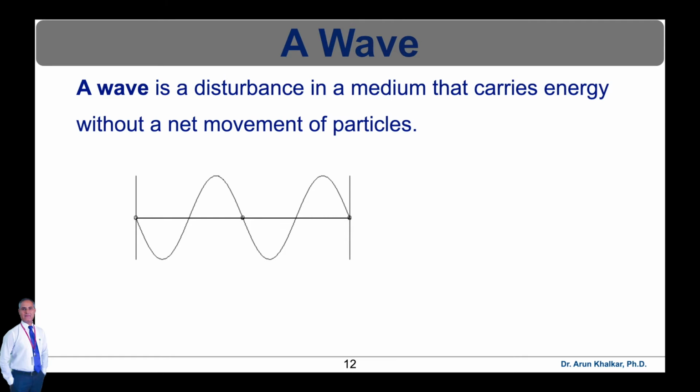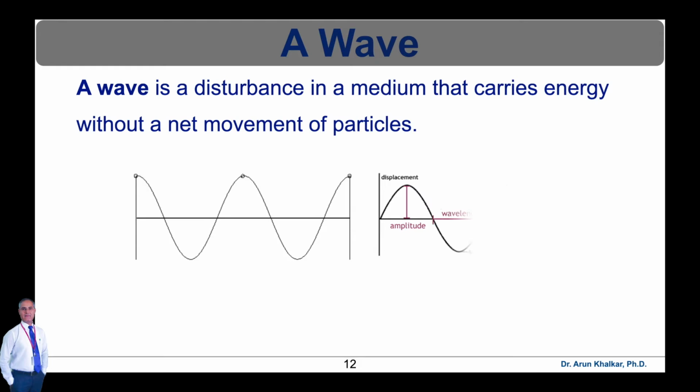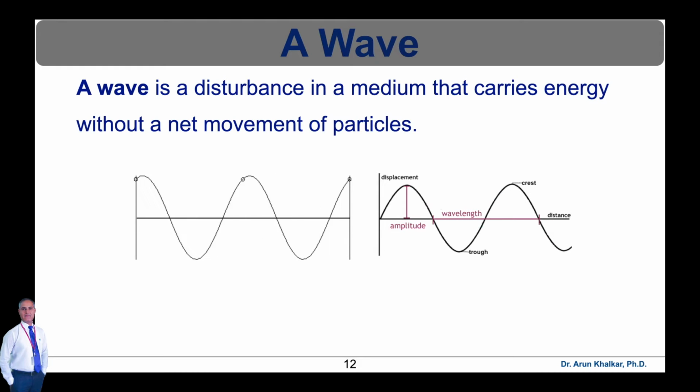that is, the mechanical wave. An animated representation of the wave is shown here in this diagram, where we can see the displacement along the y direction, and this is the amplitude as well as the wavelength between the two troughs and crests. So this is a simple definition of the wave: a wave is a disturbance in a medium that carries energy without a net movement of particles.